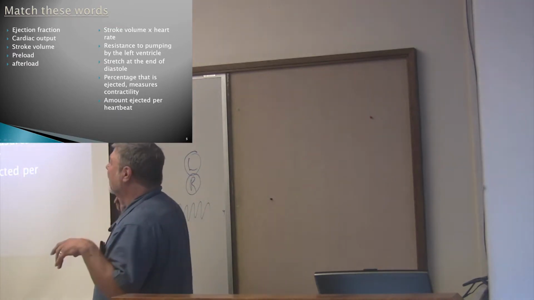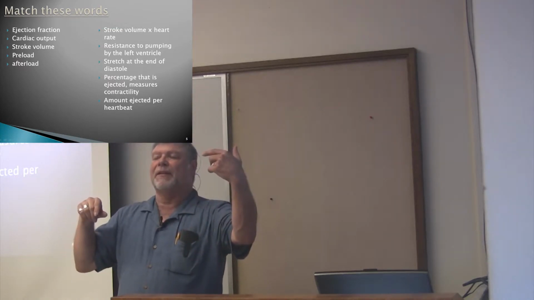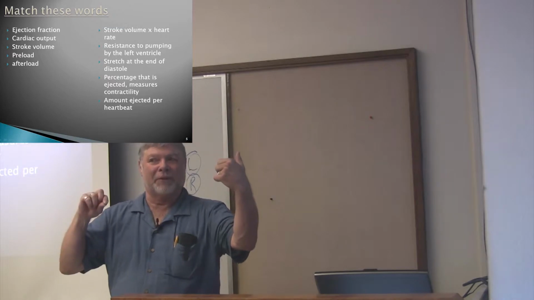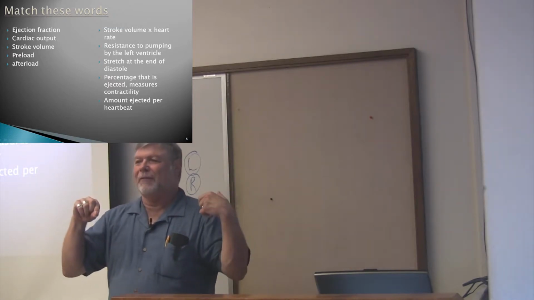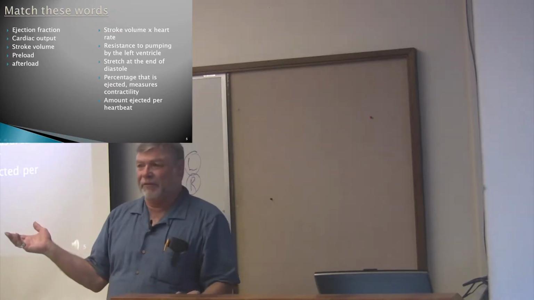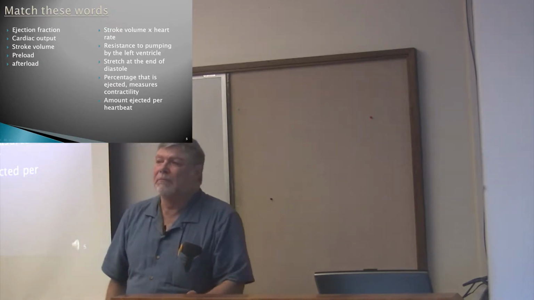Ejection fraction is the percentage of blood that leaves with each stroke, the percentage, not the volume. But if you take the volume of blood and divide that by the volume of the preload, you will get the ejection fraction. Does that make sense? Kind of, sort of, okay.